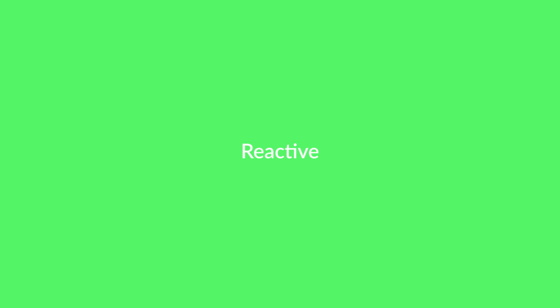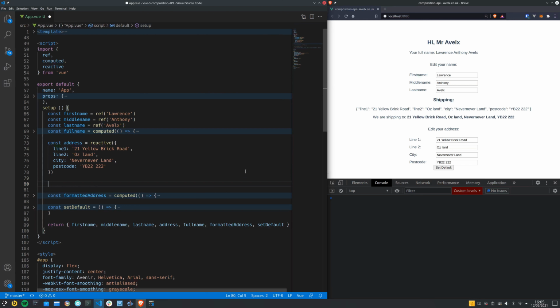So the next thing is looking at reactive, and we can basically just take a lot of the knowledge we've just learned from refs and then move that over to reactive. So first of all, reactive we've already used with the address object. So reactive is basically taking an object and then making a replica of it.